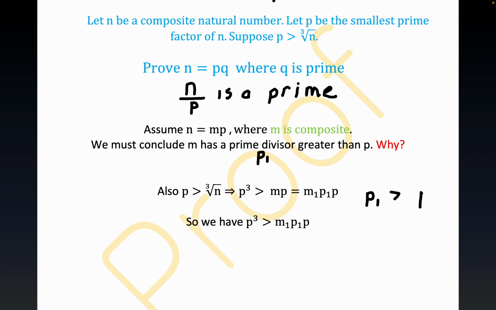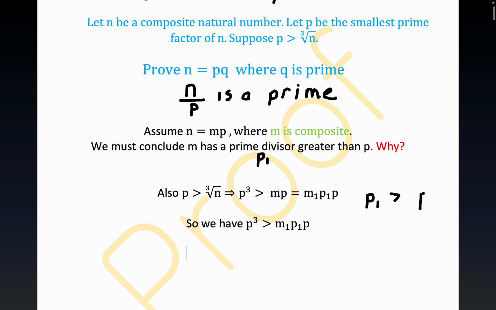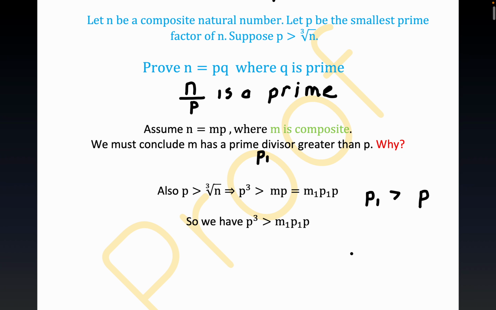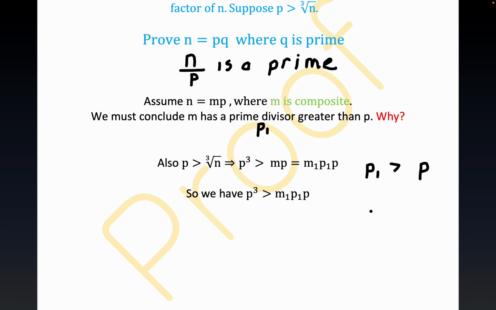Now also notice that this also means that m would have to have a prime divisor since m is composite, right? M sub 1 would have to have a prime divisor since m sub 1 is composite. So that also implies that the prime divisor would be bigger than p, which in turn implies that m sub 1 is greater than p.